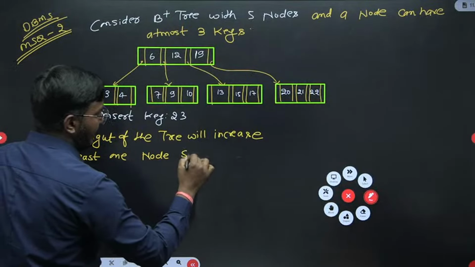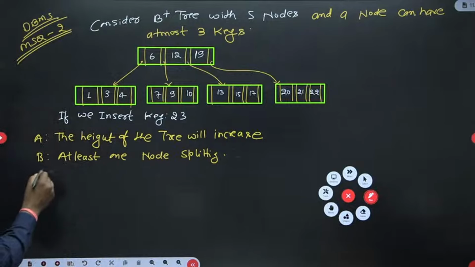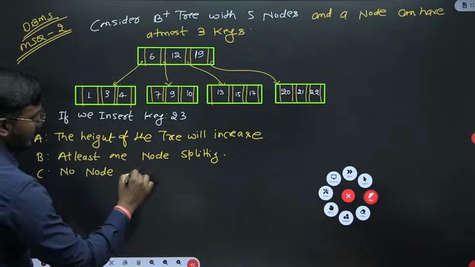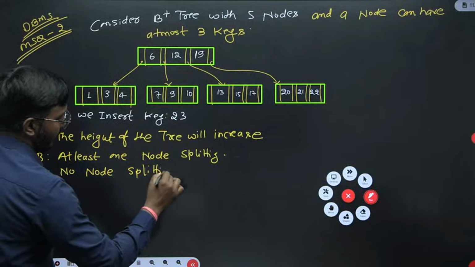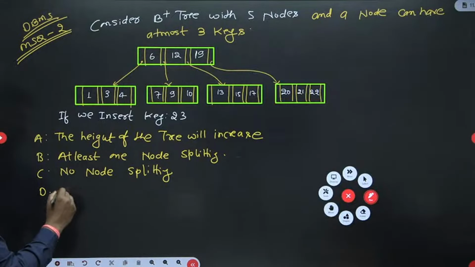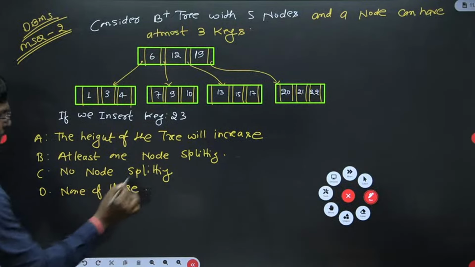Option C was no node splitting. And the D option, I am just forgetting the last option. Some option was given here. Let's keep it as none of these.